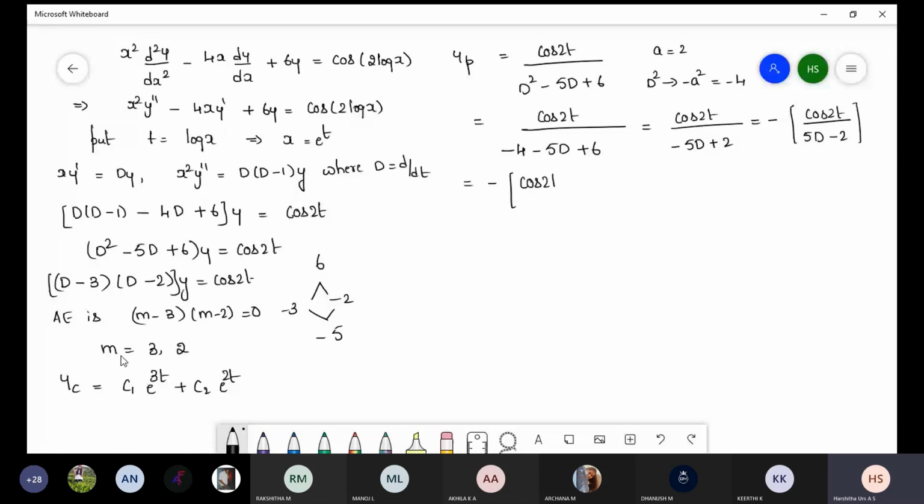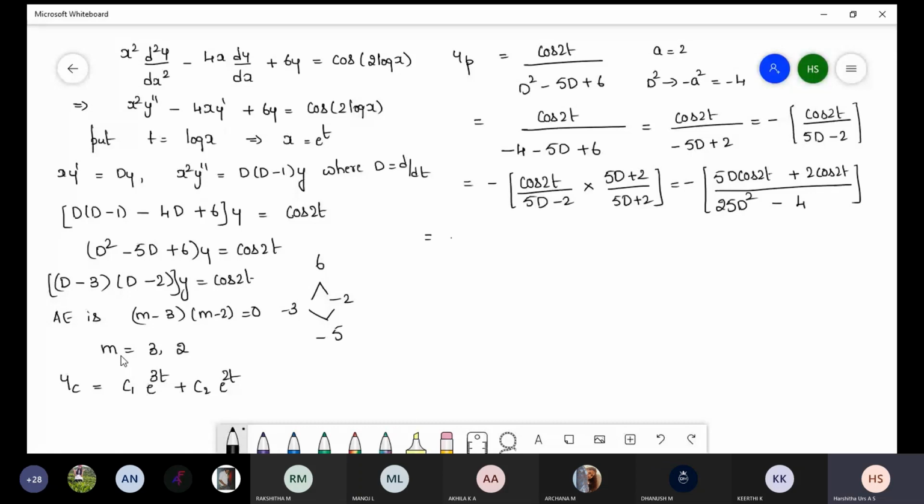Cos 2t divided by 5D minus 2, into 5D plus 2 divided by 5D plus 2. Minus of cos 2t times 5D plus 2, that is 5 times D of cos 2t plus 2 times cos 2t, divided by 25 D square minus 4.